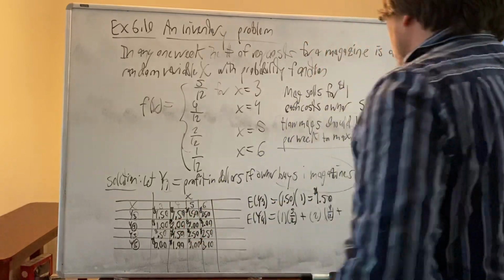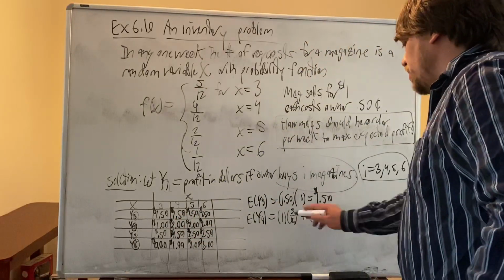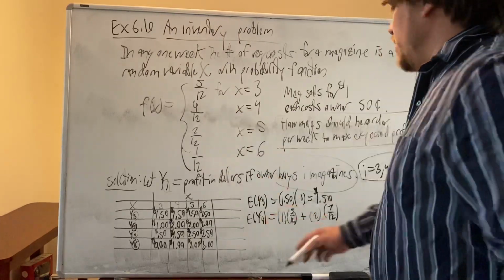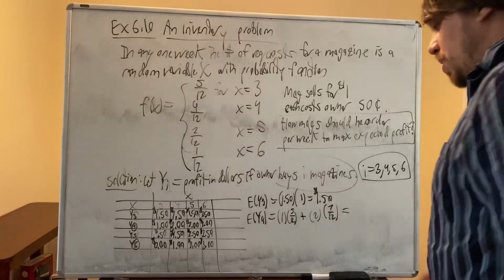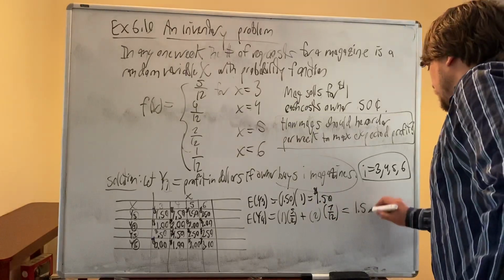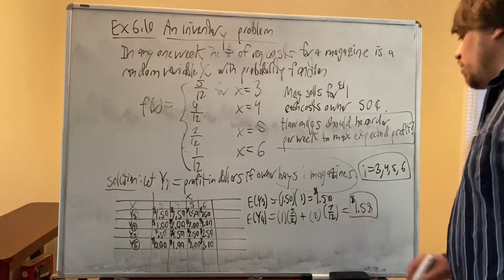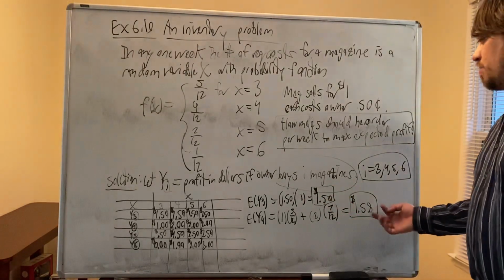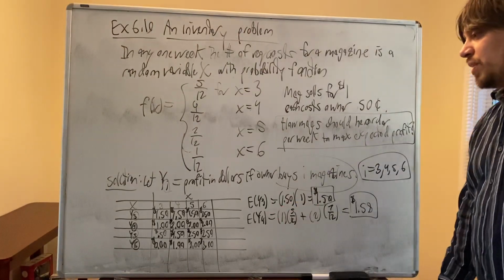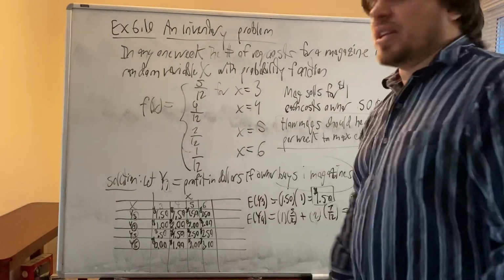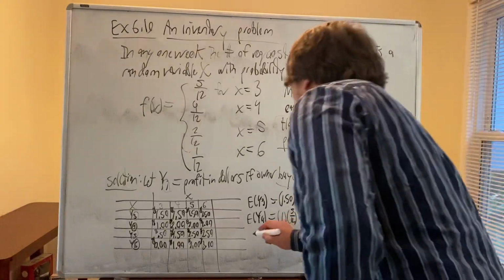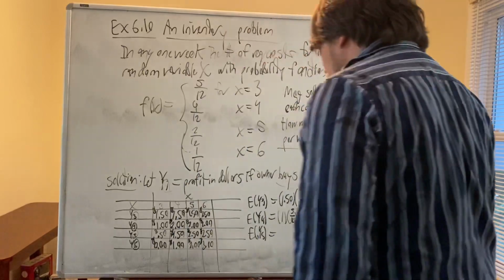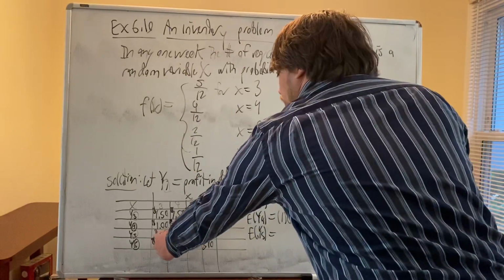The rest is $2, so $2 is every other possibility, so it would add up to 7/12: 4/12 with 2/12 with 1/12, that would be 7/12. And so if you add up those products, you get 1.58. So now the expected value of y sub 4 is 1.58. So he'd actually make more money on average if he bought 4 magazines than if he bought 3 magazines, which makes sense.